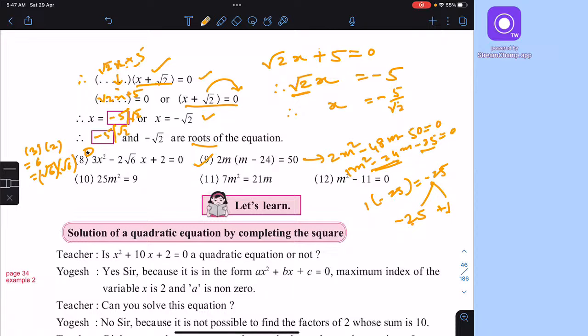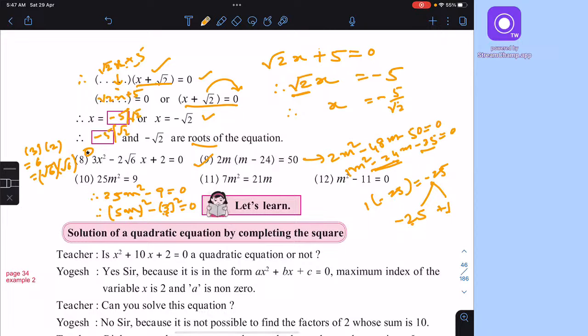This 25m square is 9, so you can write 25m square minus 9 is equal to 0. Therefore this is 5m whole square minus 3 whole square is equal to 0. This is a square minus b square, so you can write the factors as a plus b and a minus b equal to 0.